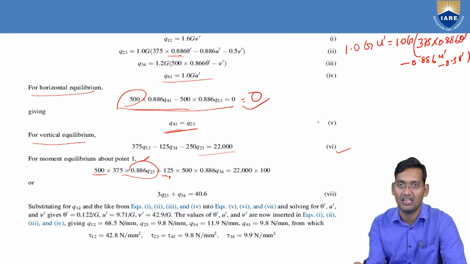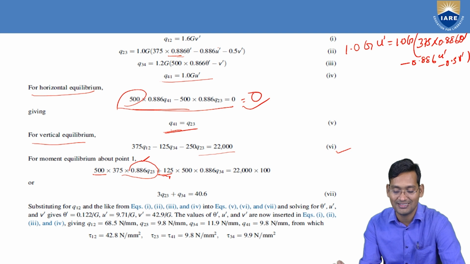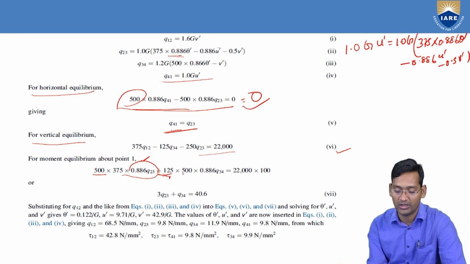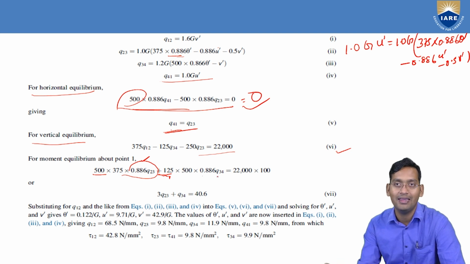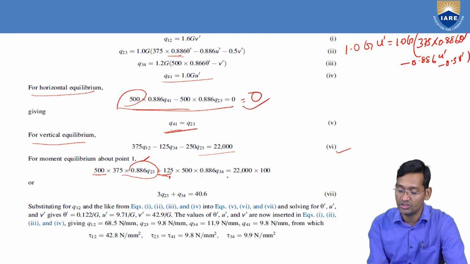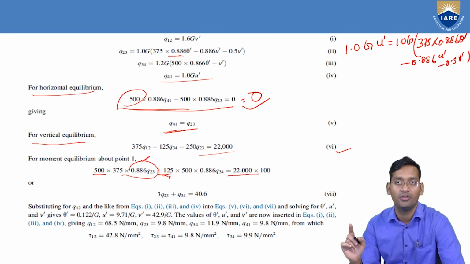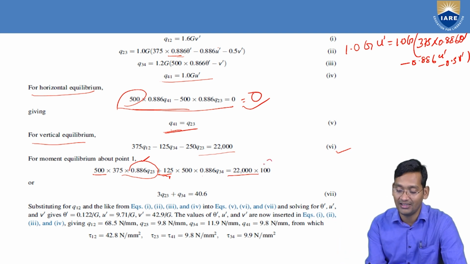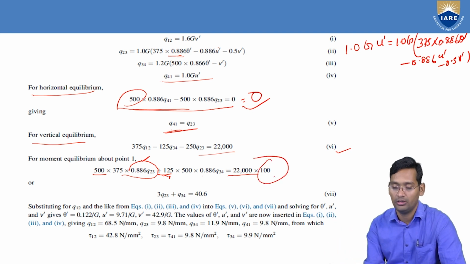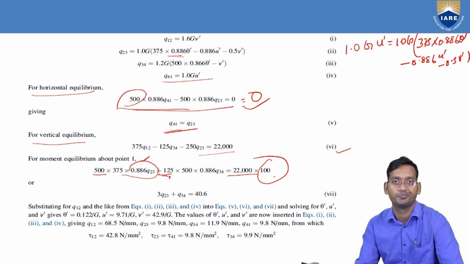Actually I missed this area, that lengthwise it's given. So 500 for this part, it's given 125, into again 500 into 0.886 Q34. That is equal to how much? 22,000 is that force, and into the perpendicular distance where it's acting, at 100 mm. So that's why this 100 mm.